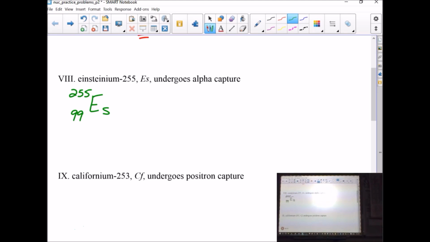Do an arrow? A plus sign, good. Because we're on the left-hand side of the arrow. So an alpha particle, now the arrow. Okay, so what will we have as our proton number on the bottom? 101, and what's on top? 259.